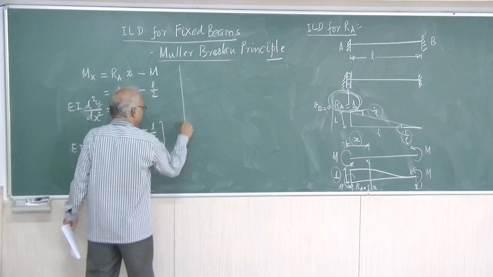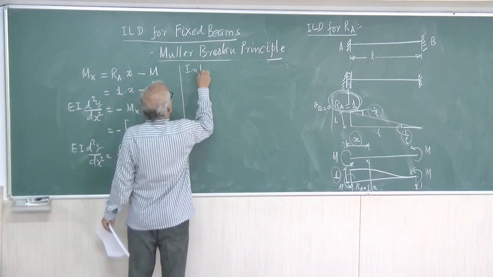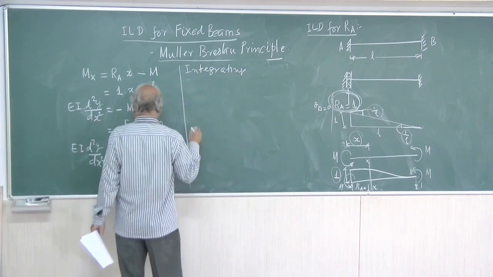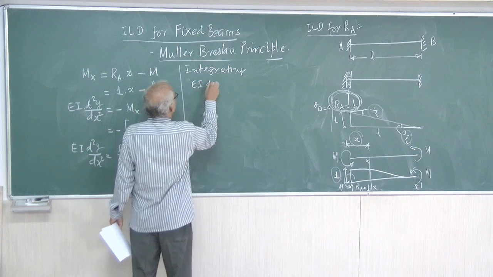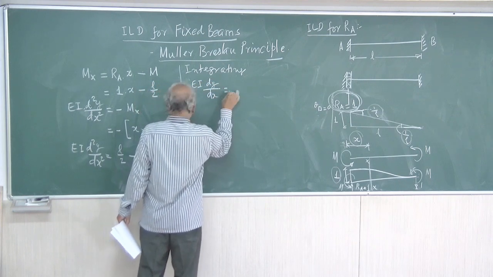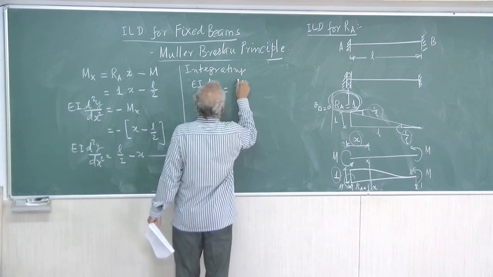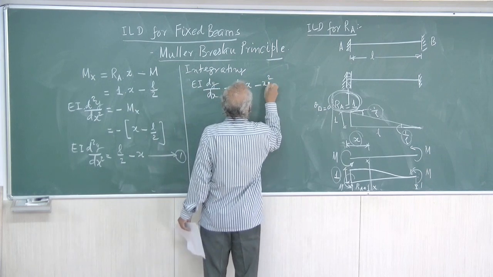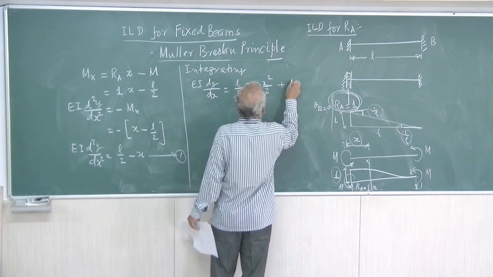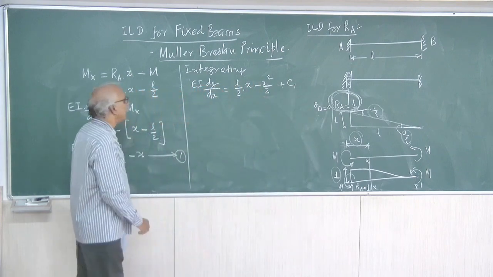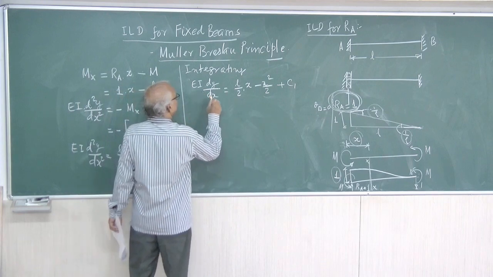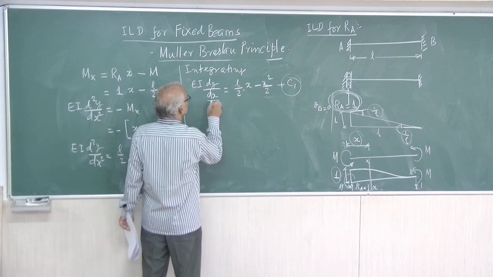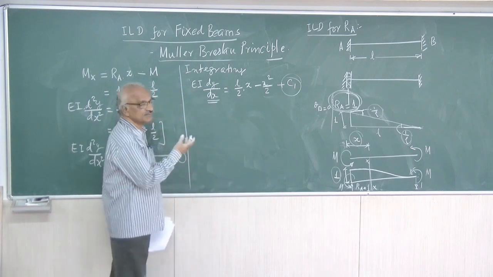So, integrating, EI into dy by dx equals L by 2 into x minus x square by 2 plus C1, where C1 is a constant of integration. To evaluate the value of C1, you must know some point where dy by dx is known. If that is known, you can find the value of C1 now itself.